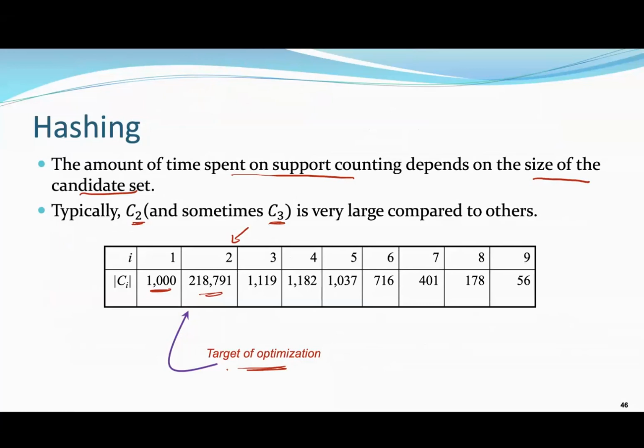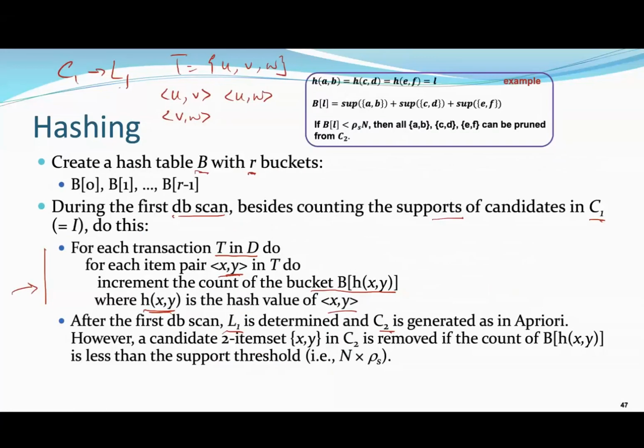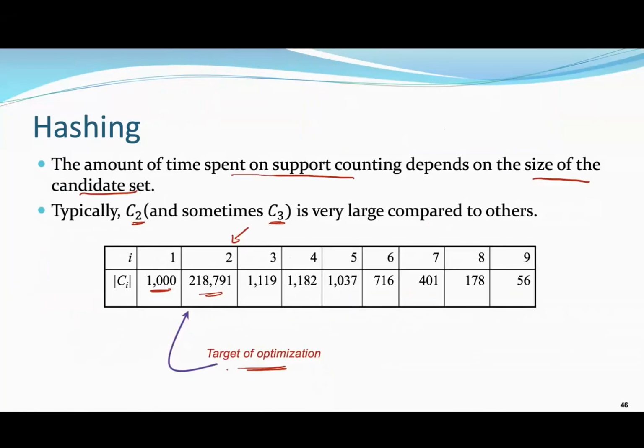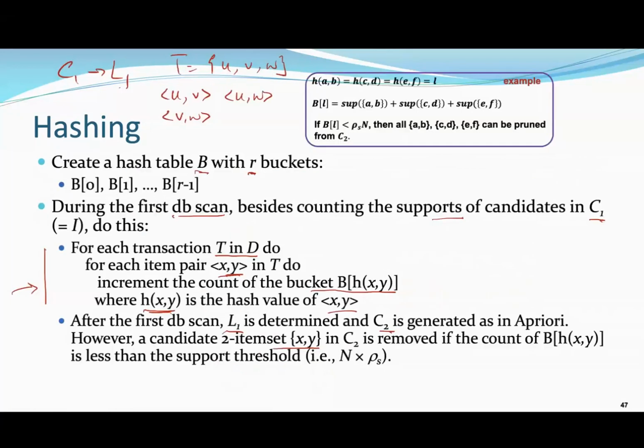With this hashing approach, for an item set XY in C2, we see whether we kick it away. This item set will be removed from C2 if its bucket value is less than the support requirement.